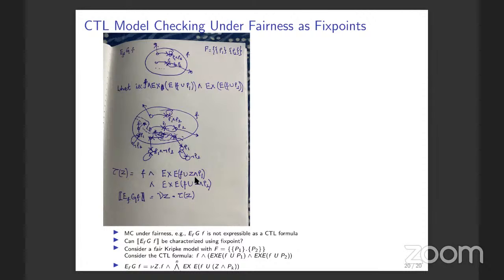Because if you took the negation of this, what you will end up retaining at the end in your fixed points is only the SCCs that are fair, on which P1 and P2 happen infinitely often.